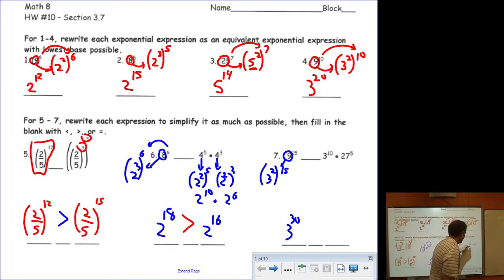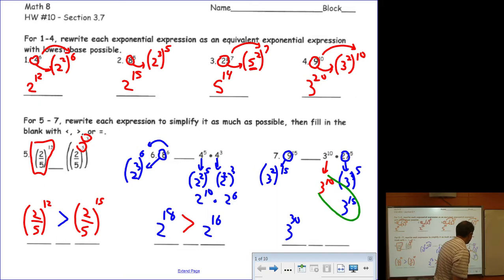Over here, 3 to the 10th cannot be reduced. But 27 to the 5th can be. 27, of course, is 3 to the 3rd power. And then that would be to the 5th power, making the whole thing 3 to the 15th power.